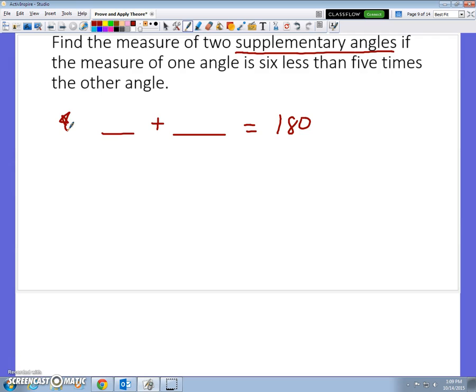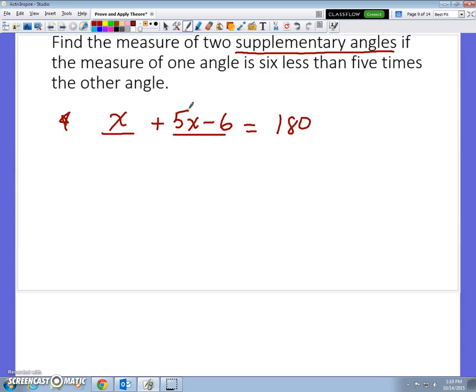If the measure of one angle, let's just call it x, we don't know what it is. The other one, it says, is 6 less than 5 times the other angle. Okay, let's see here. 5 times, but 6 less than that, then we should be able to solve our equation.